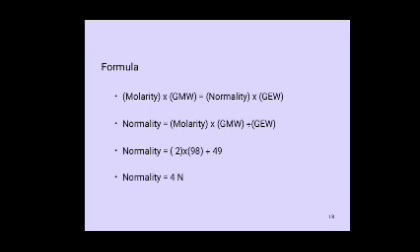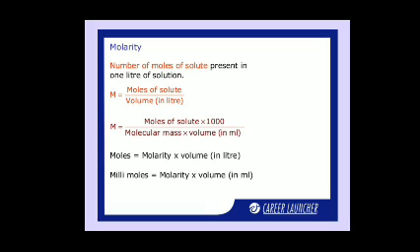Normality and molarity relation. Molarity is the number of moles of solute present in 1 liter of solution. Therefore, M is equal to number of moles of solute by volume of solution. Moles of solute is mass of solute by gram molecular weight of solute, into 1000 by V in ml.